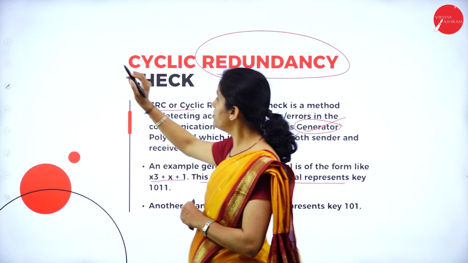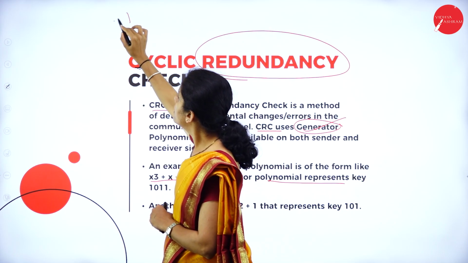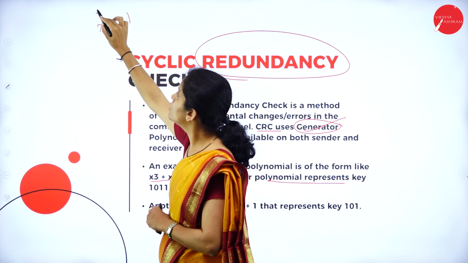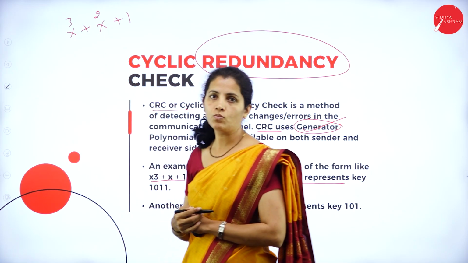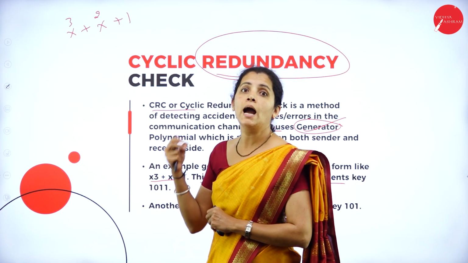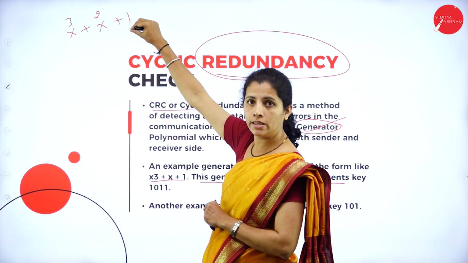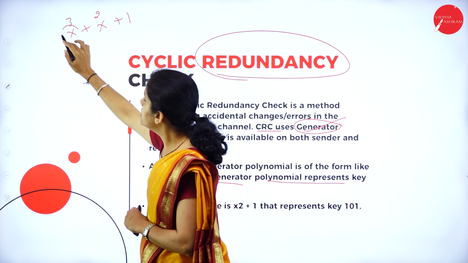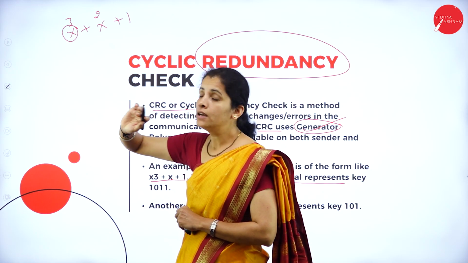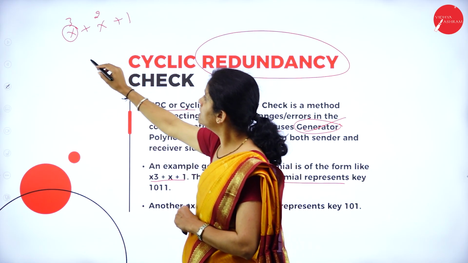So dear student, if I consider a polynomial like 1 plus x square plus x cube, wherever I have an x term, for that I am going to write the binary numbers. So here x3 bit is present, so it is true.